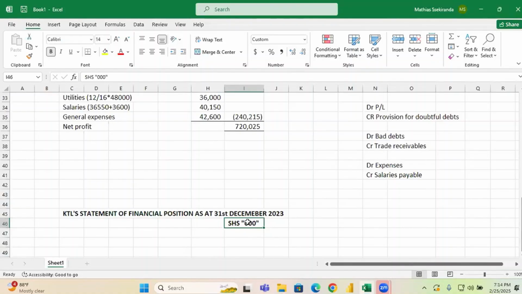I told you it is optional because not all organizations have adjusting entries after year end. Some organizations are smart enough to pass all entries before closing the trial balance. So we only consider the bad debts in the additional information, because they have not yet been considered as expenses for the year.